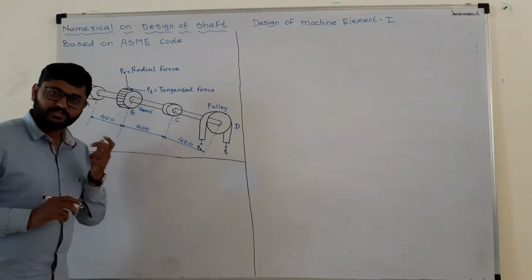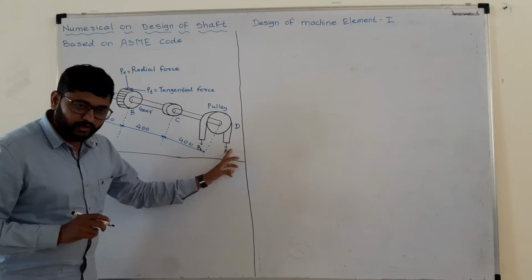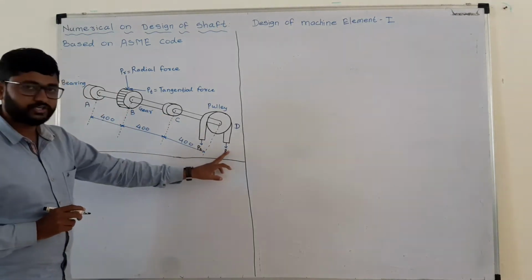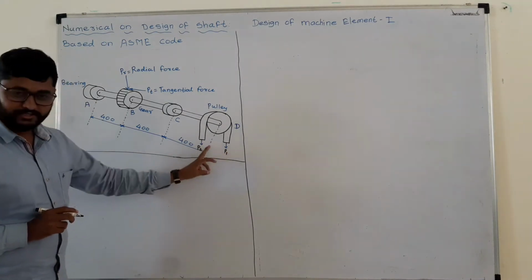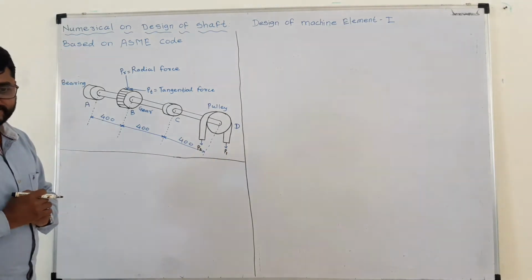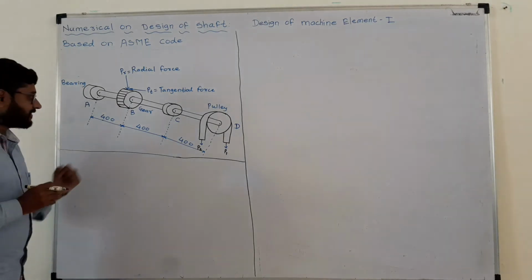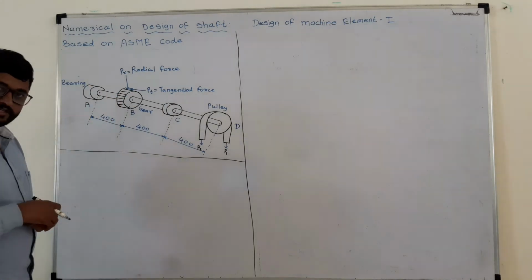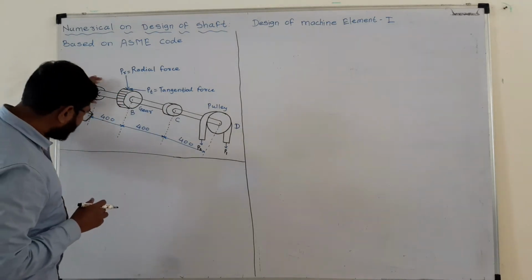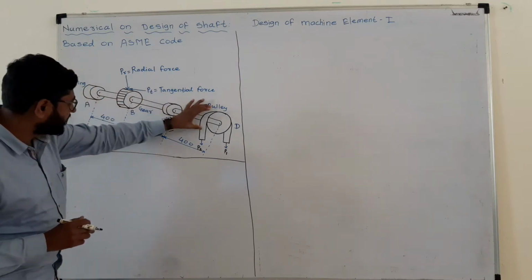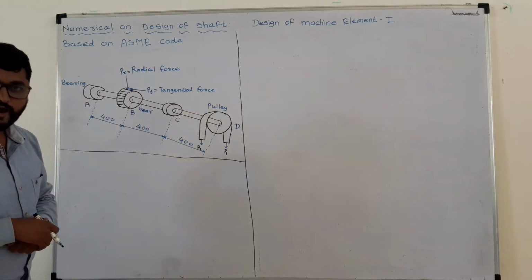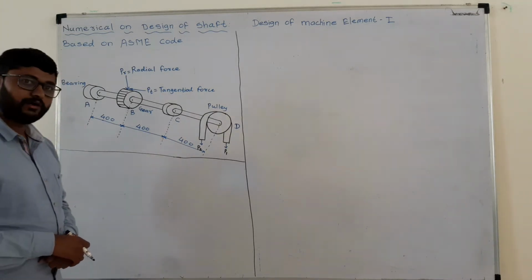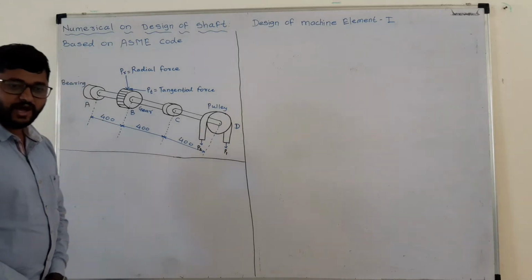It is also given that tension P1 is equal to 3 times tension P2, where P1 is for the tight side and P2 is for the loose side. The gear and pulley are keyed to the shaft. The shaft material is 50C4, with ultimate tensile strength and yield strength given.